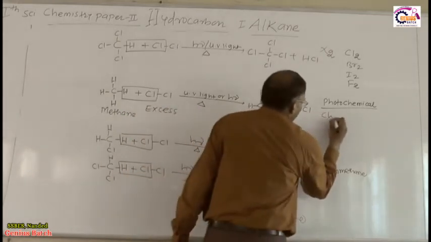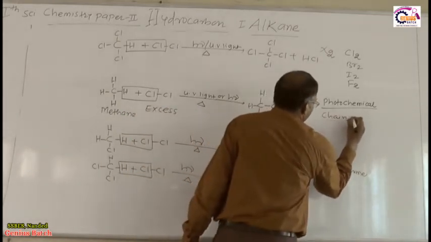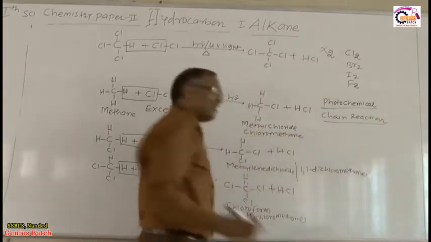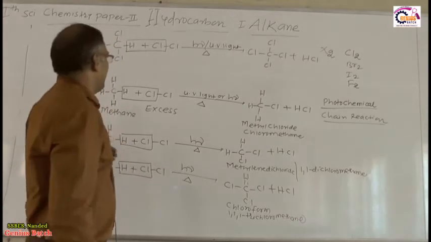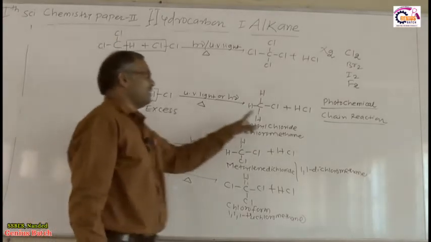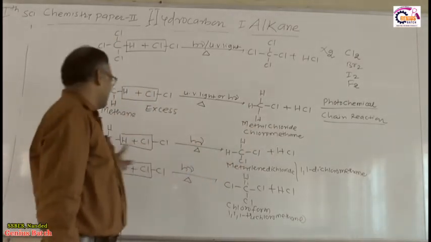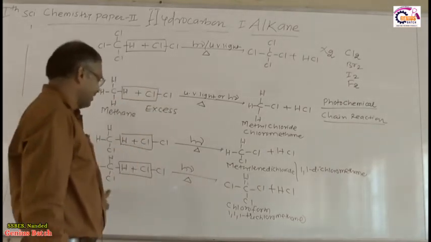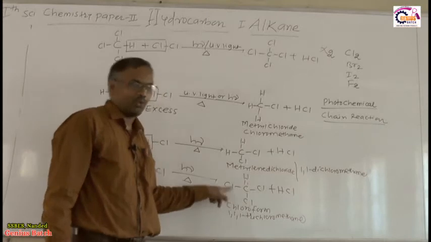This reaction is also called the chain reaction. Why is this called the chain reaction? Because first of all, methyl chloride is produced. Then this methyl chloride again reacts to form methylene dichloride. Methylene dichloride again reacts to form chloroform.